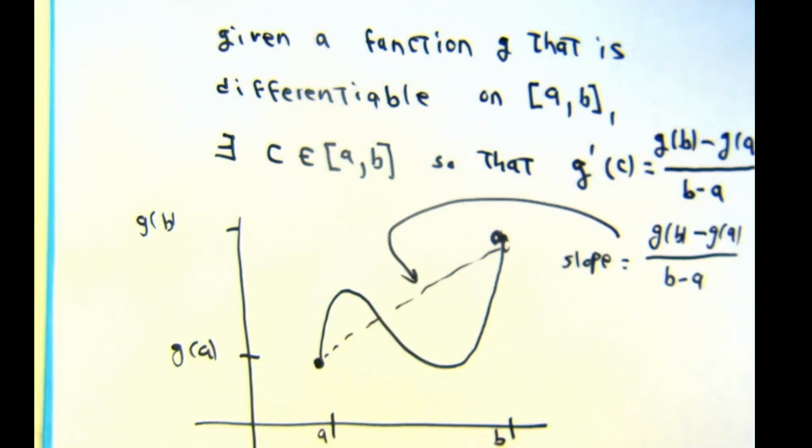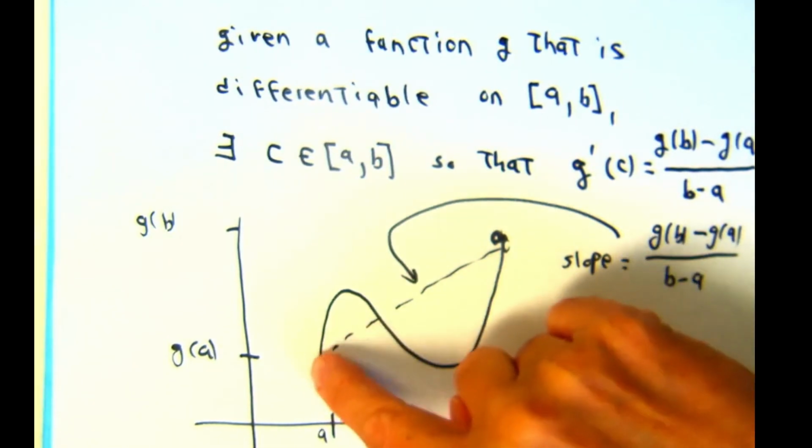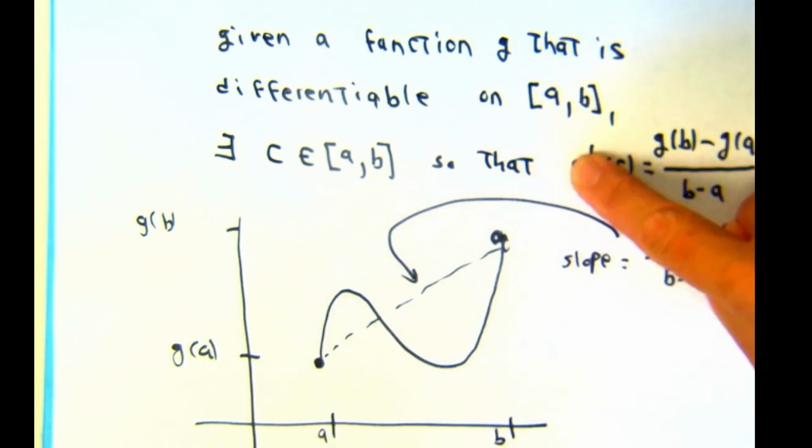What the mean value theorem says is that someplace between a and b, there is at least one place where g prime at c, which is the slope of the tangent line on the graph, is the same as the slope of that straight line. Let me take some of the fancier language away still. Somewhere between a and b, there is a tangent line that's parallel to this line.